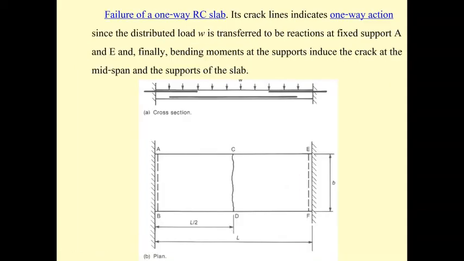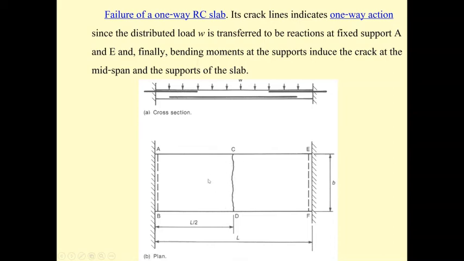And if we test the one-way slab, the one-way slab is going to have support on the left and on the right. The behavior of this slab is the same as the beam. So when you increase the force, the crack will occur at the middle of the slab.